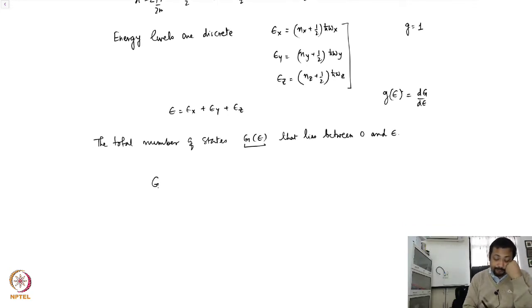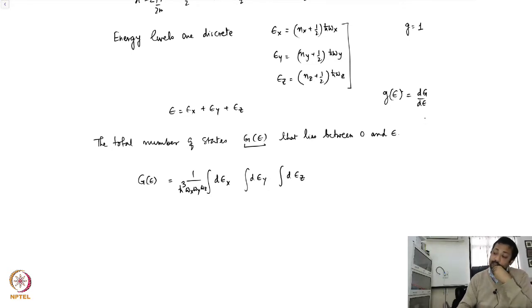Now G epsilon, capital G of epsilon, is then given by the integral d epsilon x, d epsilon y, and d epsilon z divided by h bar whole cube omega x omega y omega z.